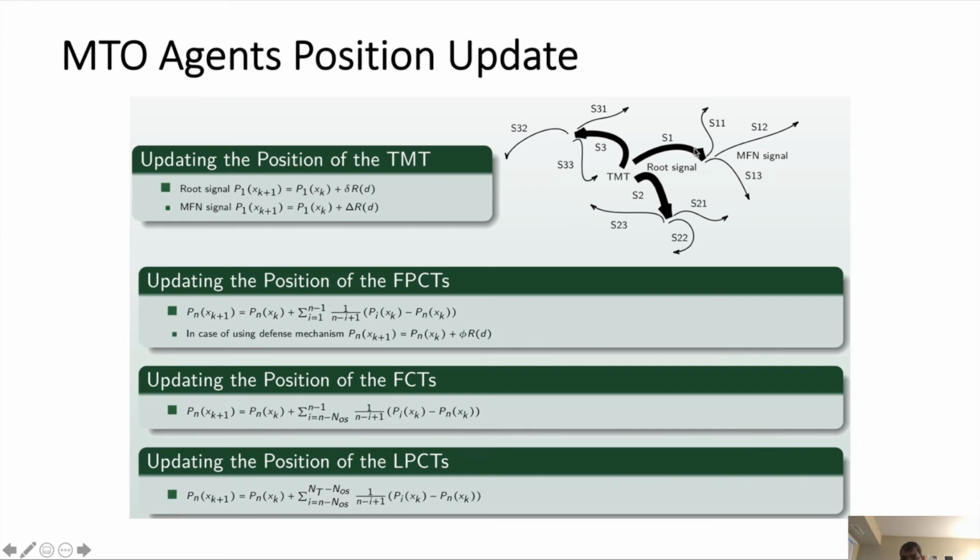It will go in a random direction, and if the new position after S1 has a higher number of nutrition or higher fitness than the current fitness for the top mother tree, it will go to another step, which we call the mycorrhizal fungi network signal. So it will go for S11, S12 and S13, and search in this area for a better solution.